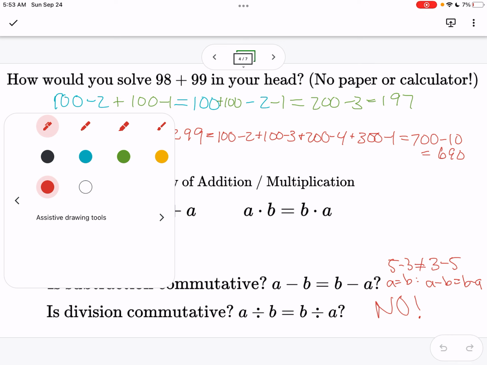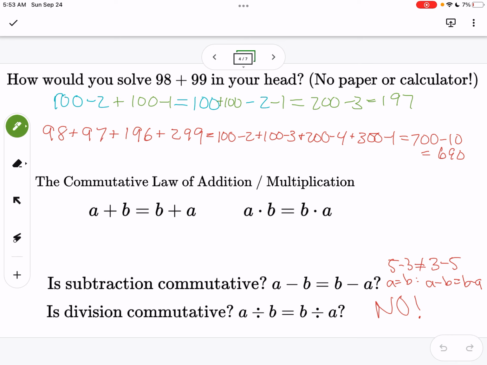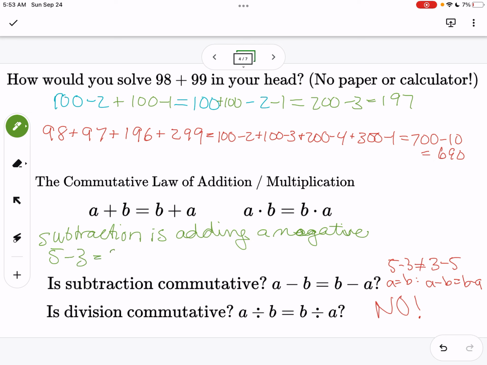But if we rewrite subtraction as adding a negative, so we can write 5 minus 3 equals 5 plus negative 3.